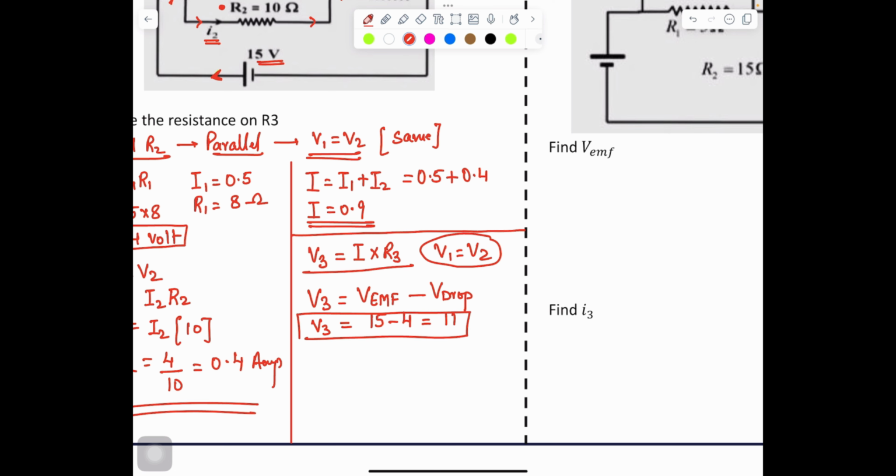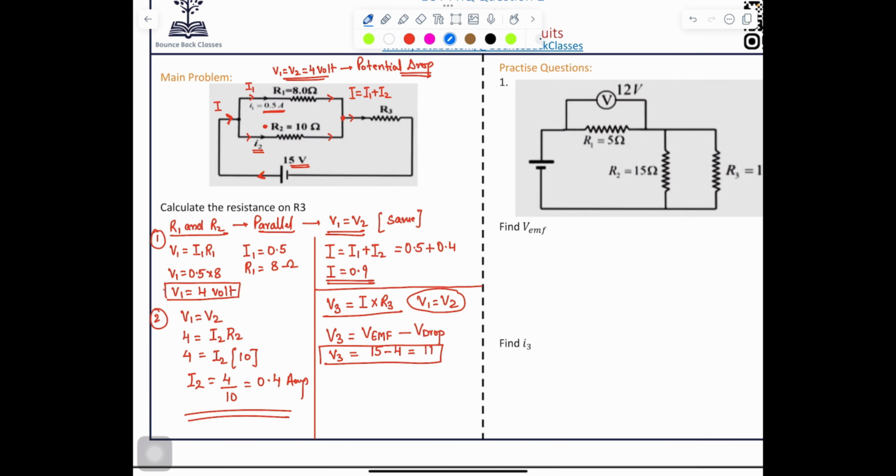Use this formula and solve it: 11 equals 0.9 times R3. R3 equals 11 divided by 0.9. Use your calculator fast. What is the value? 12.20.